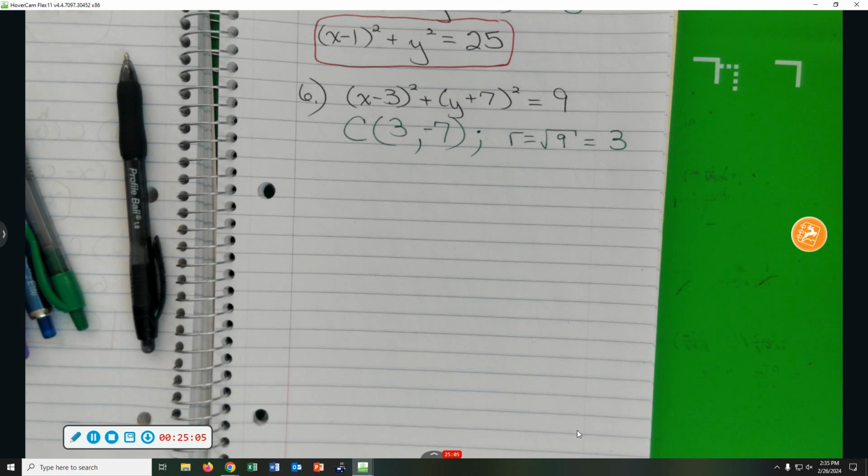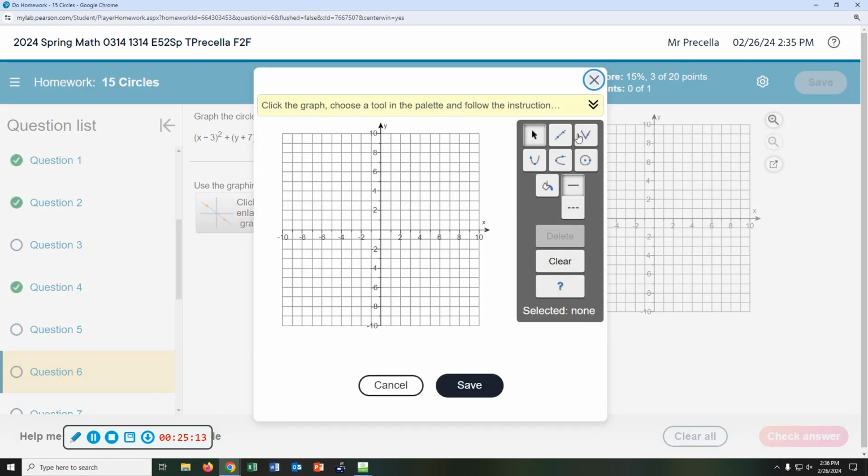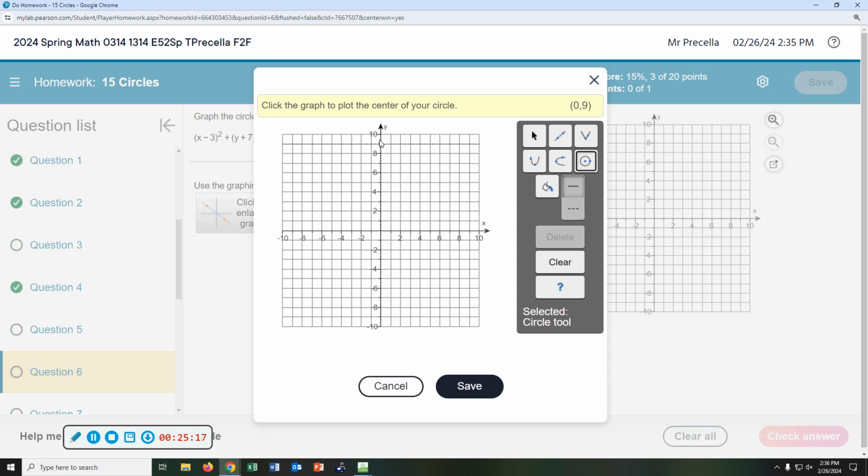So we come over here, we're going to graph the circle. Right there. I click my circle tool. I plot the center, 3, -7. Is that it? No, I think I'm at 4, aren't I?